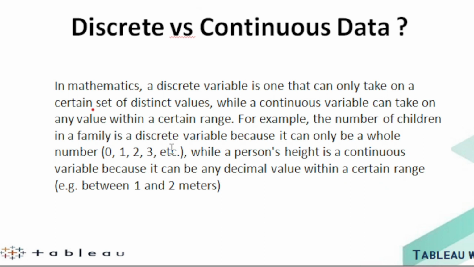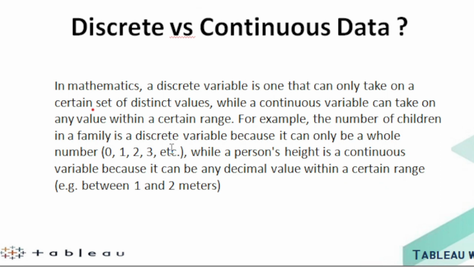On the other hand, a continuous field is normally in a range, like between 1 to 5 you have 1.2, 1.3, 4.2. Generally heights, sales, profit, these values are in a range like 1000 to 2000, and it can be 1000.50. Your height can be 5 foot 6 inch.